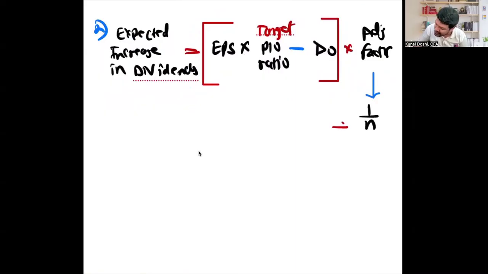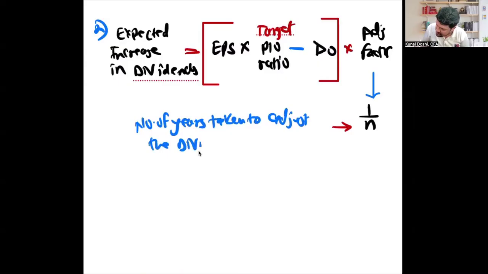And what is this n? This n is the time that it's going to take for the dividend to be adjusted. So the adjustment factor is nothing but the number of years the adjustment will take place. I'll write down, it is the number of years taken to adjust the dividends.